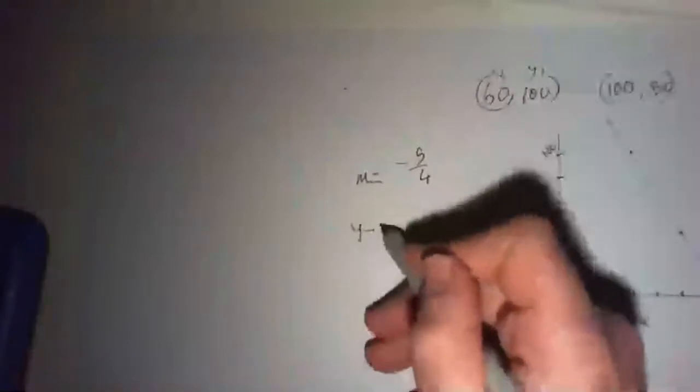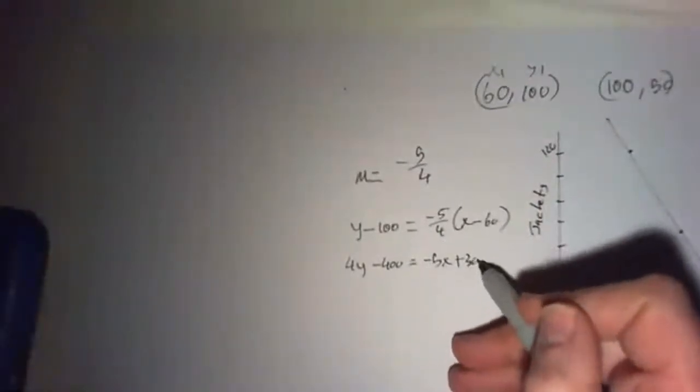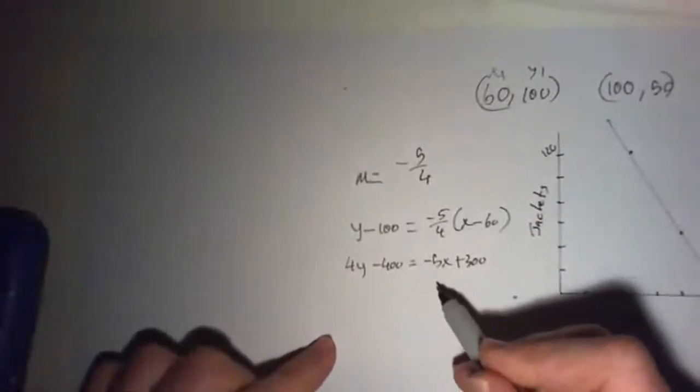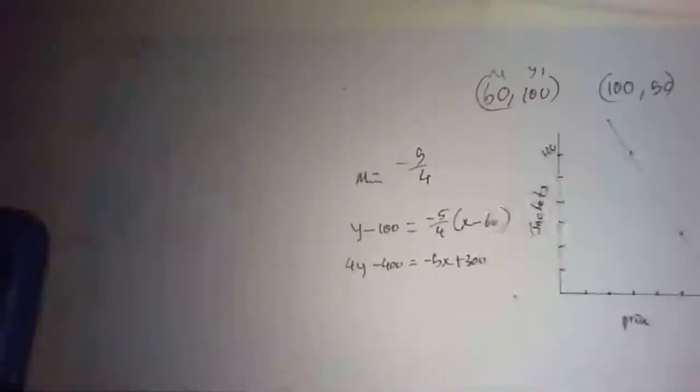So we have y minus y1 is equal to m on x minus x1. 5x plus 300. Now, we need to rearrange, don't we? It's going to get messy, but I don't mind rearranging.